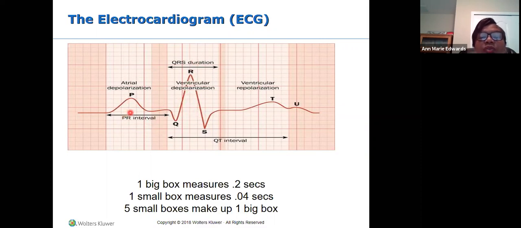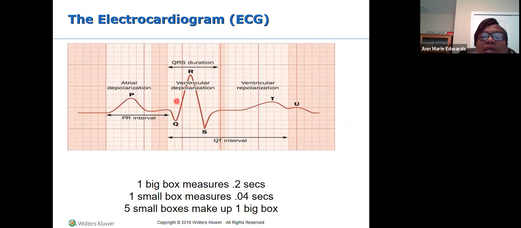Because the P is 0.11 across here, while the ventricle is 0.12 across here, okay? So we said that this is our atrial contraction, or depolarization. And the QRS is our ventricular contraction or our ventricular depolarization.